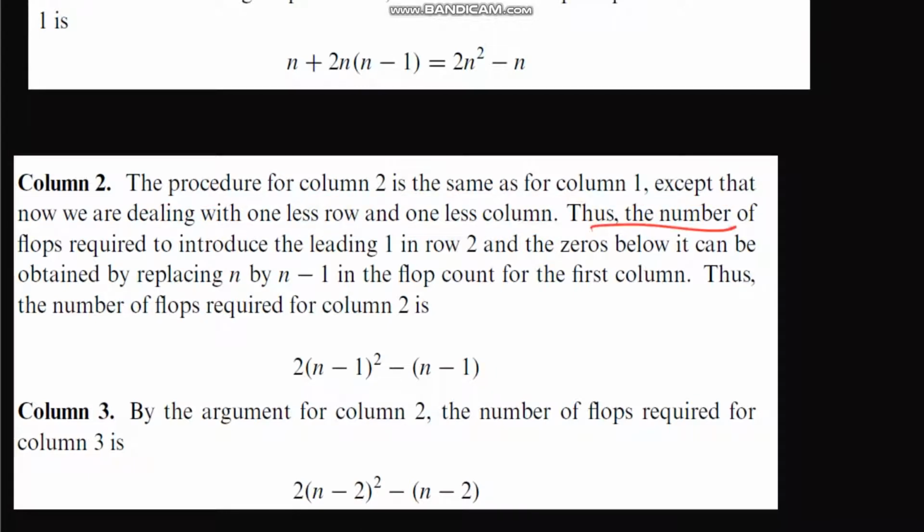Thus, the number of flops required to introduce the leading one in the second row and the 0 below it can be obtained by replacing n by n minus 1. Thus, the number of flops required in column 2 would be what? Just in the place of n, we have to plug in n minus 1.